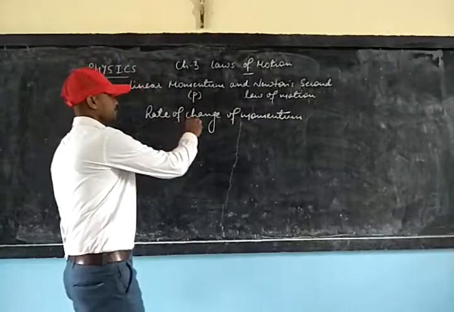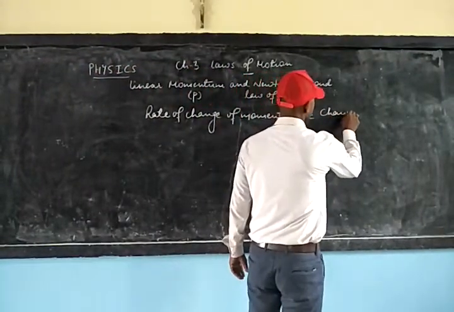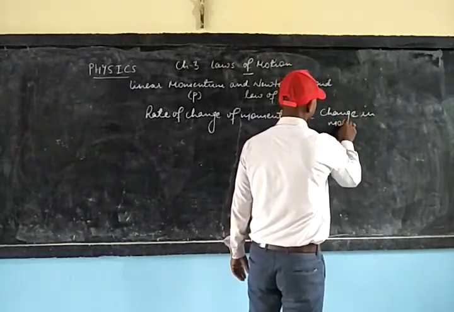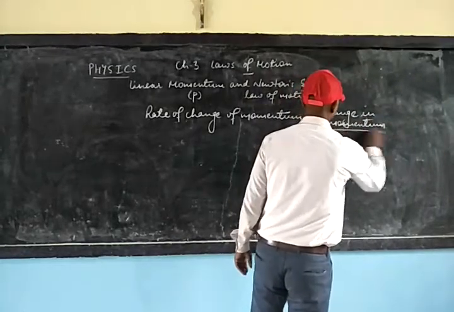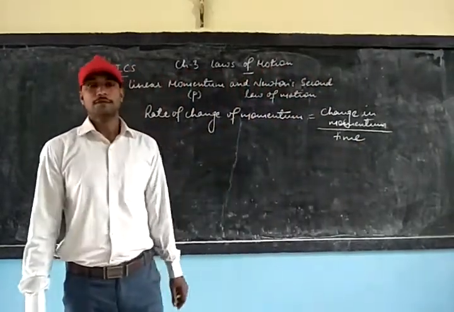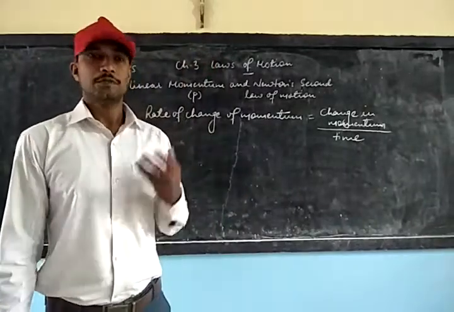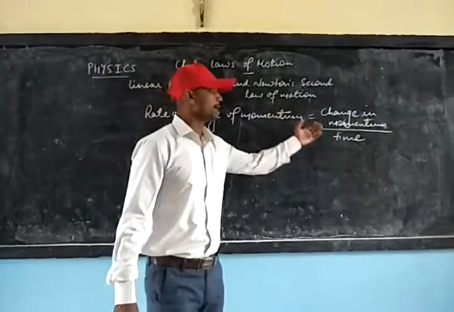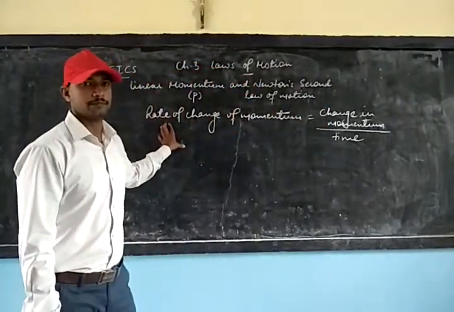We can write rate of change of momentum is equal to change in momentum divided by time taken. So there will always be some time to bring about change in momentum in a body, so we need to divide it by time. This gives you the rate of change of momentum.